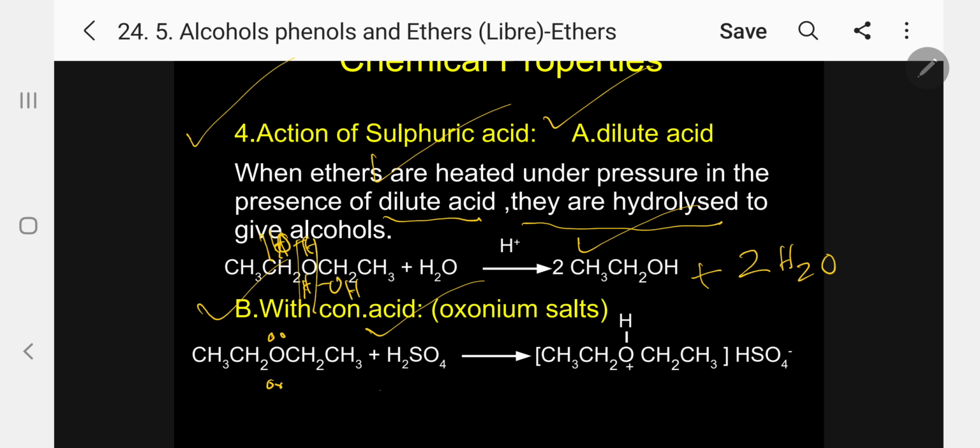So when you treat with concentrated sulphuric acid, a hydrogen atom from the sulphuric acid bonds as a coordinate bond to this ether, forming this ion. This is called an oxonium salt, with HSO4 minus outside the complex. Kindly follow.